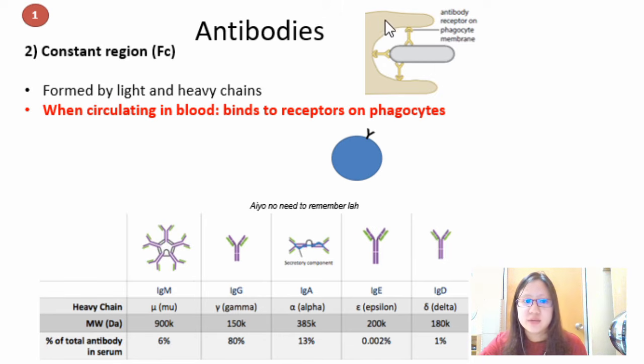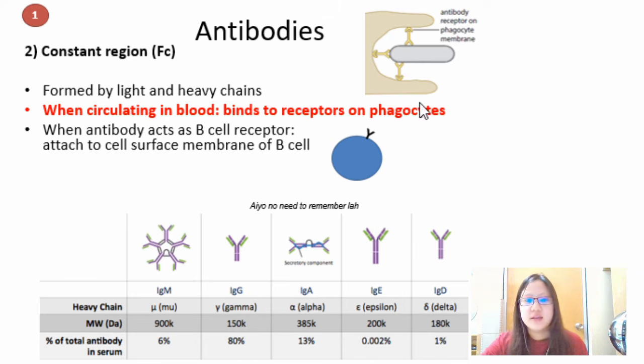receptors on phagocytes. So you can see this picture right here. You can see that here the antibodies, these Y-shaped things, are bound to this antigen or pathogen here, and then the constant region of the antibody is actually binding to a receptor on a phagocyte, and this helps the phagocytes engulf the pathogen.